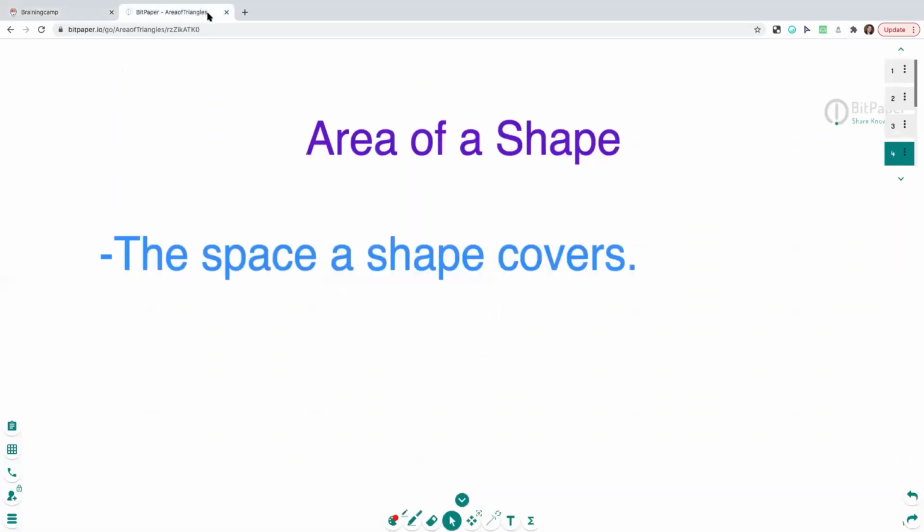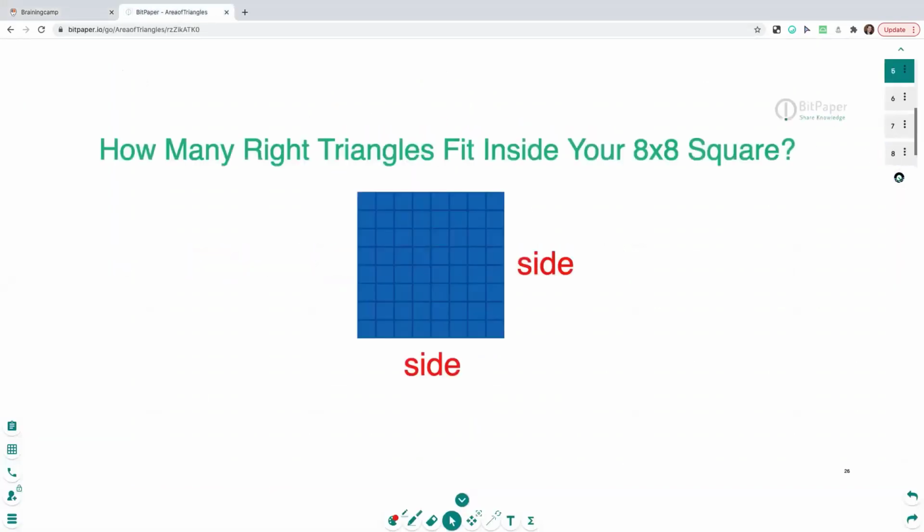Let's say that we want to figure out how many right triangles will fit inside of our 8 by 8 square. I also have my 8 by 8 square modeled here. I'm going to turn on the ruler function of bit paper, and draw this diagonal line so that I can get some right triangles inside of my square.